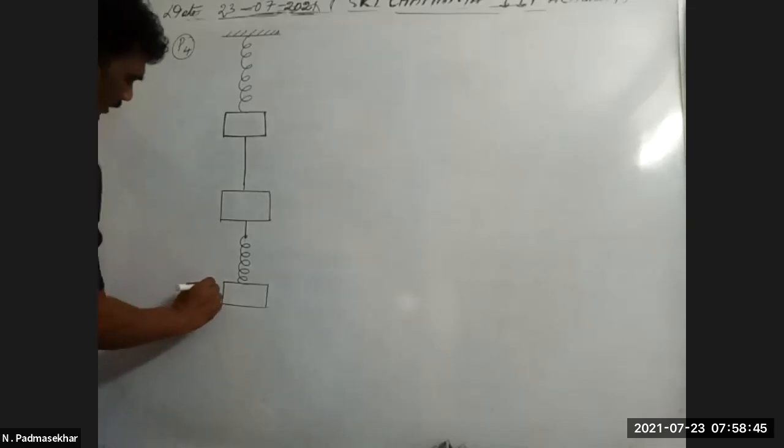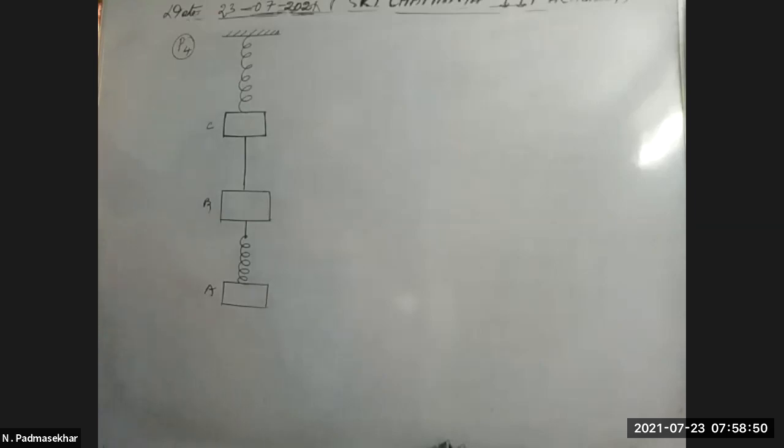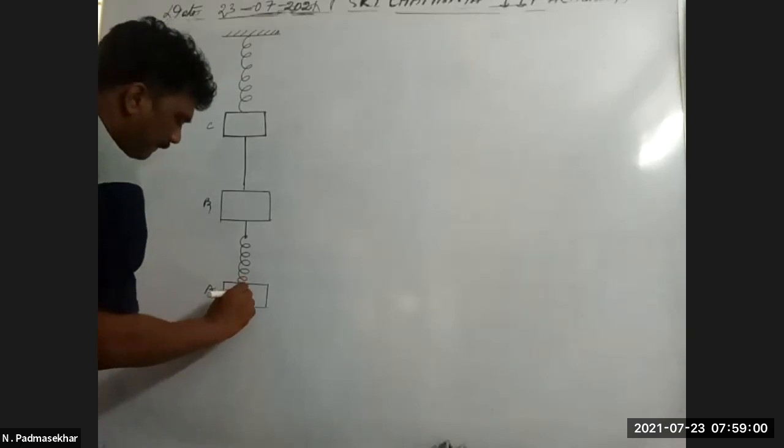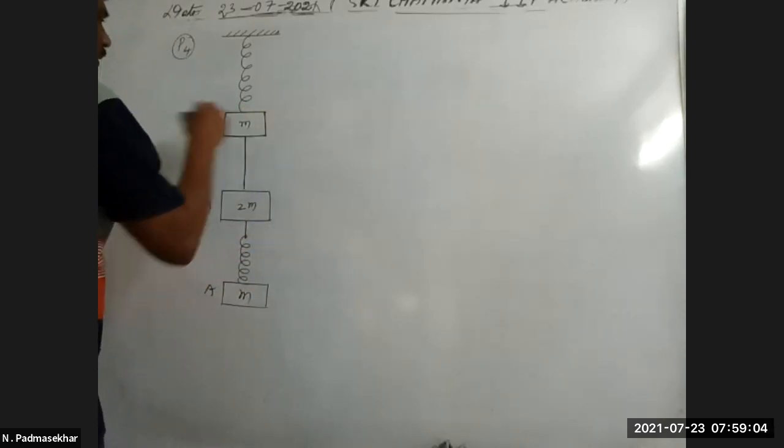So this is block A, block B, block C. This is M, this is 2M, and this is M.